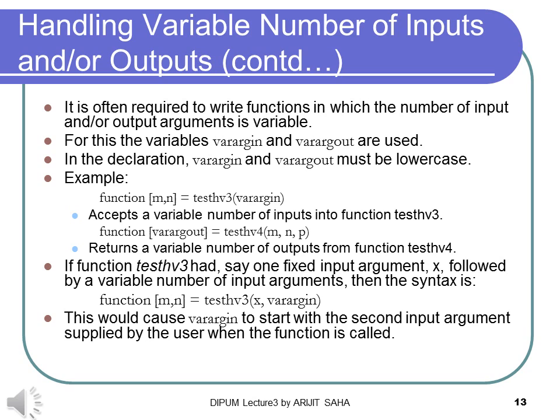If function test_hv3 had, say, one fixed input argument x followed by a variable number of input arguments, then the syntax will be like this: function [m, n] = test_hv3(x, varargin). This would cause varargin to start with the second input argument supplied by the user when the function is called.